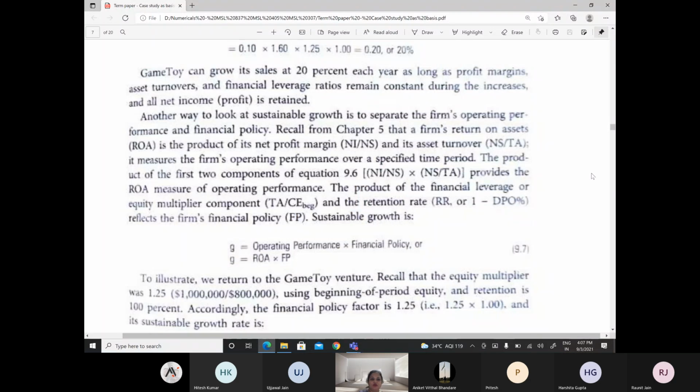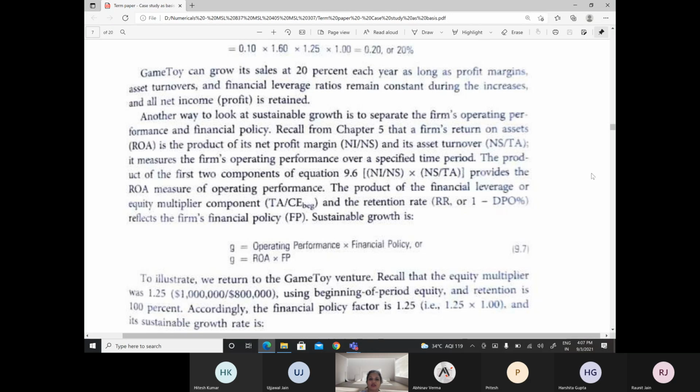Okay. So game toy can grow its sales at 20% each year as long as profit margins, asset turnovers, and financial leverage ratios remain constant during the increases and all net income or profit is retained. Another way to look at sustainable growth is to separate the firm's operating performance and financial policy.